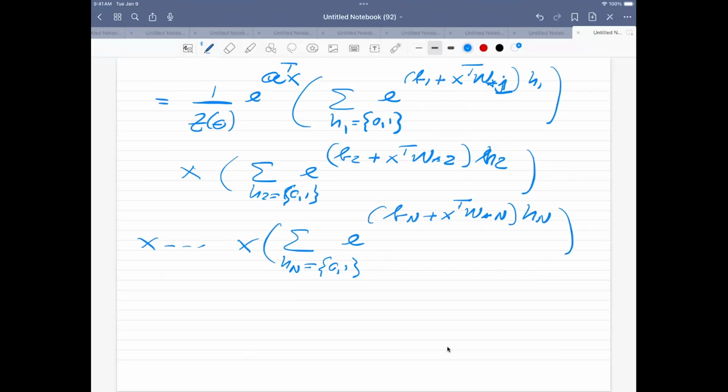Okay? And this is something which is actually not that difficult to calculate. And you know that if we put in values for H here, if I just take one of these, what you will get then is obviously one term where you have 0. So that's 1 plus E of B of N plus XT of W of N. And some of you have seen this function before.